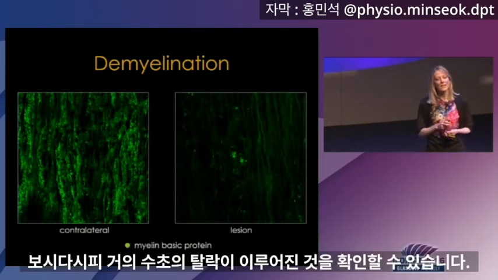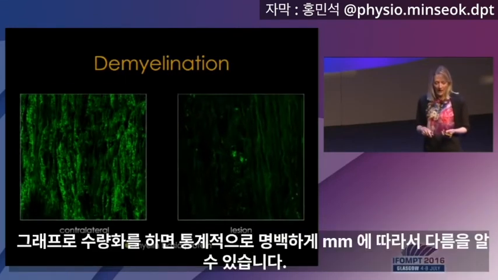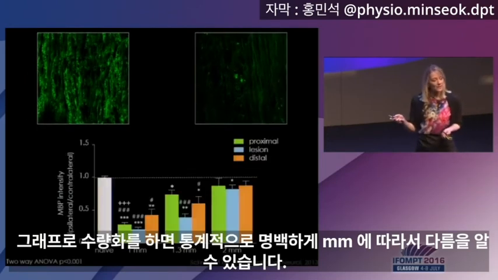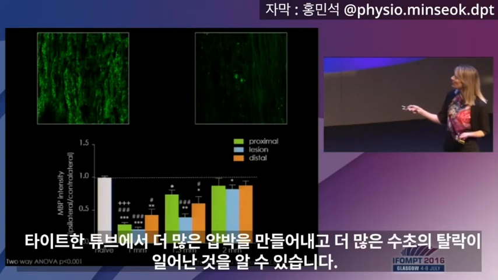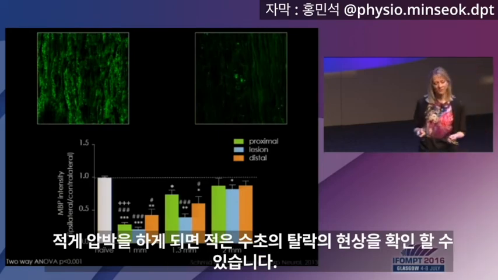And you can see that there is almost complete demyelination. So it's quite a significant demyelination, really. And when we quantify that, this is statistically significant, and it is dose-dependent. So the tighter the tube is, so the more the compression, the more demyelination. And the less we compress, the less demyelination.